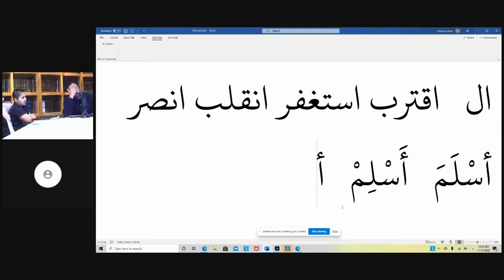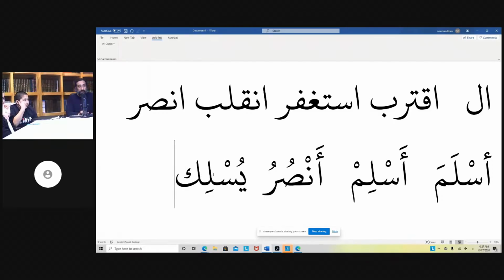Huwa yansuru, huma yansurani, hum yansuruna, hiya tansuru, huma tansurani, hunna yansurna, anta tansuru, antuma tansurani, antum tansuruna, anti tansurina, antuma tansurani, antunna tansurna, ana ansuru. The ana version of the present tense also has a hamza. Or remember we did yuslimu, aslama yuslimu, right? The ana version is uslimu.